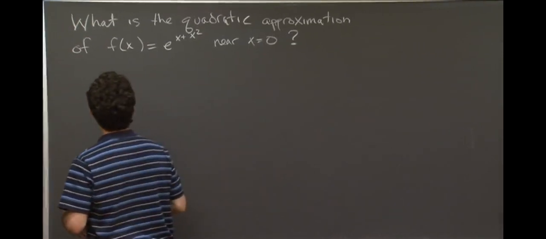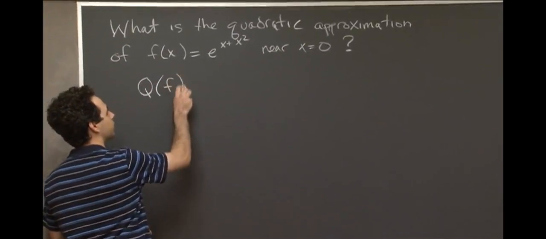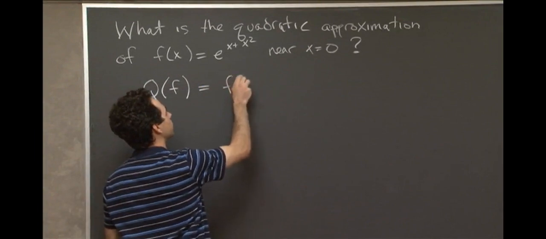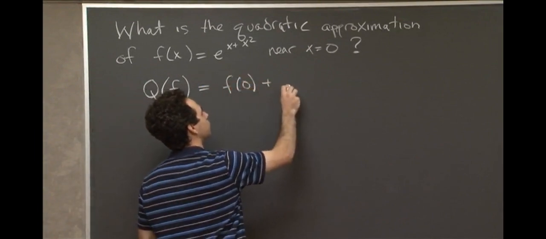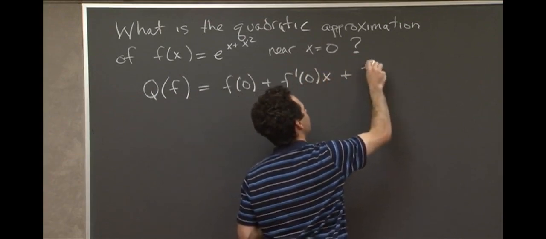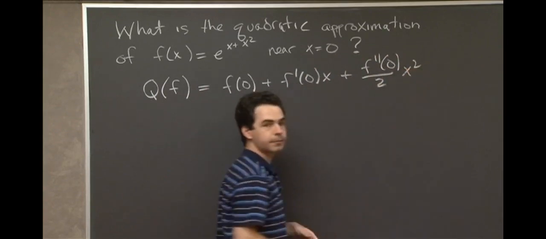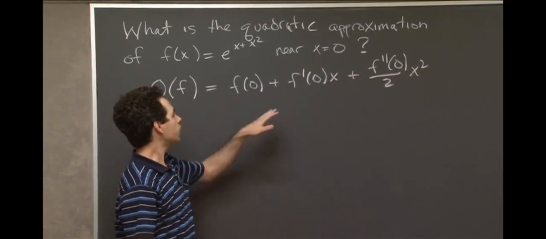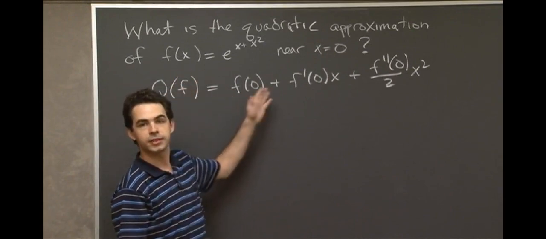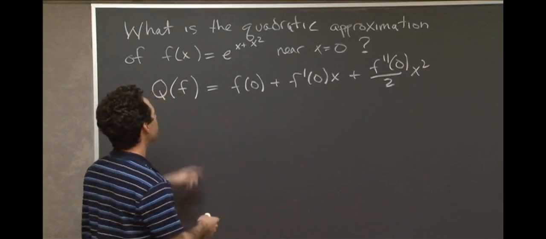The formula is that the quadratic approximation of the function, near the point 0, is equal to f of 0 plus f prime of 0 x plus f double prime at 0 over 2 times x squared. In order to use this formula, we just need to know what the derivatives of our function are and their values at 0.